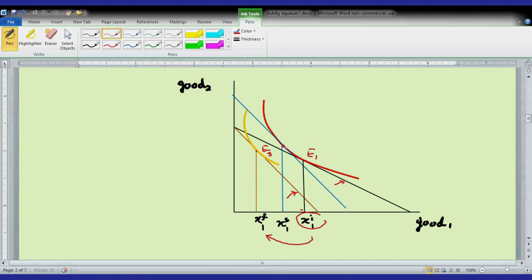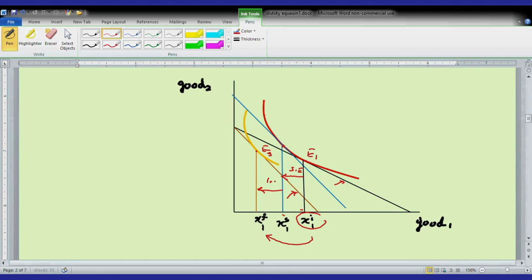And when this type of compensation is given, see that again, because of the difference in the relative prices of good 1 and good 2, the substitution effect implies that consumption of good 1 decreases, and similarly the income effect implies that the consumption of good 1 decreases, and so this is your substitution effect and this is your income effect.